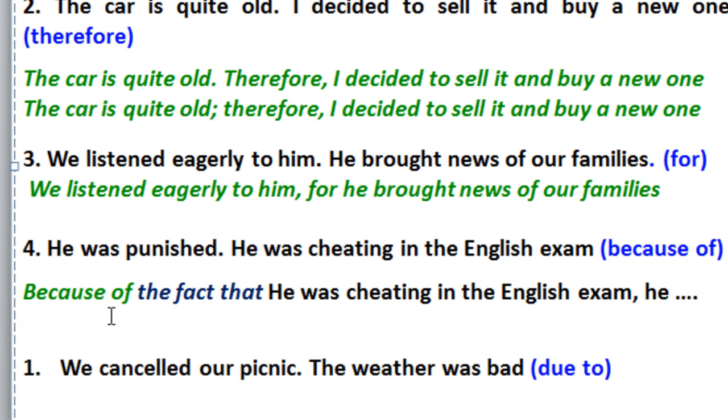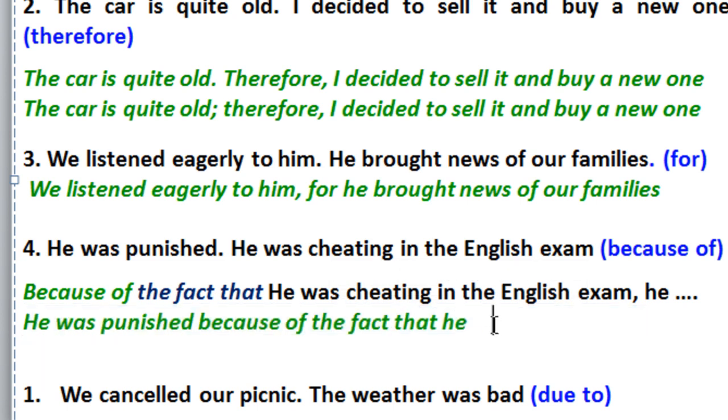Or we can put because of in the middle of the sentence. To do so, we have to start by the effect. So he was punished because of the fact that, no comma should be put before the because of when it happens in the middle of a sentence, because of the fact that he was cheating in the exam.